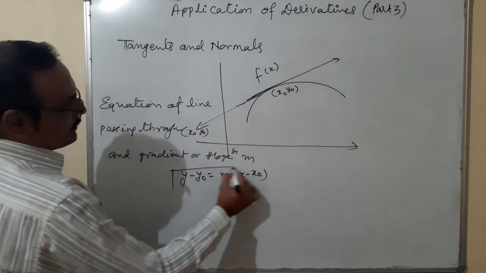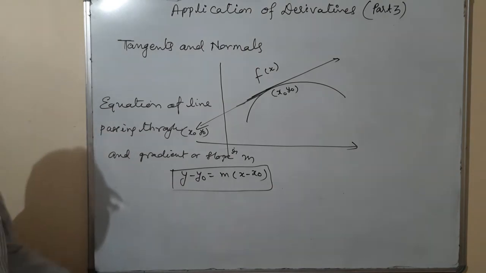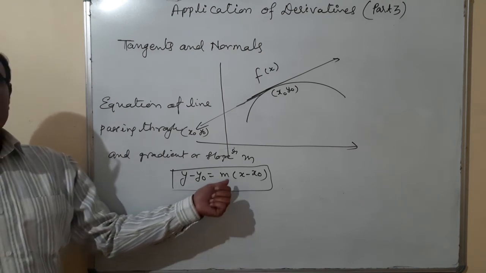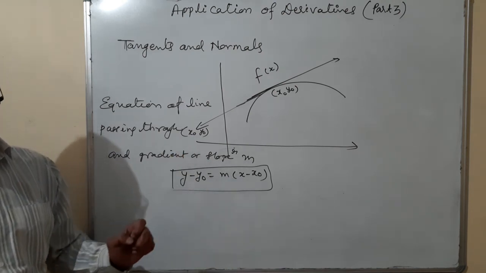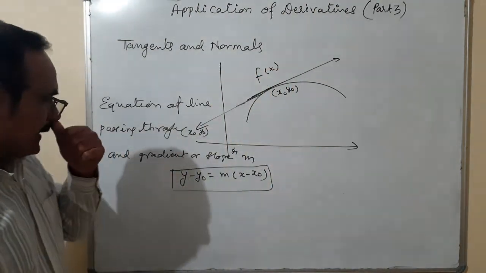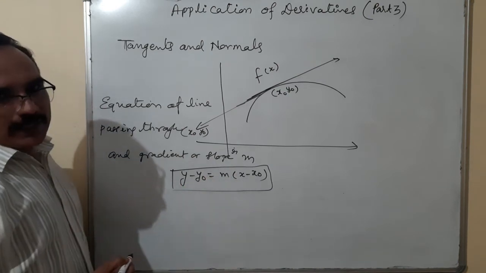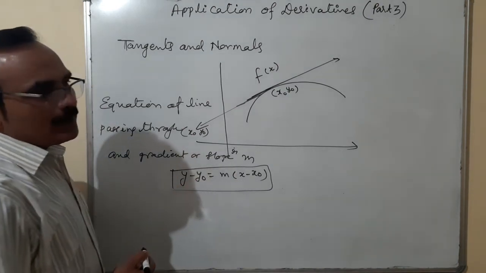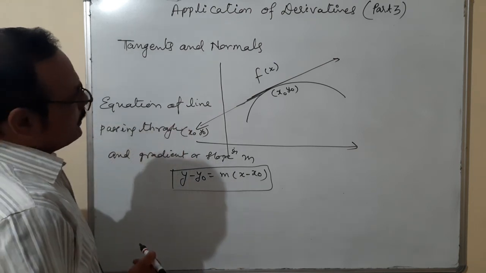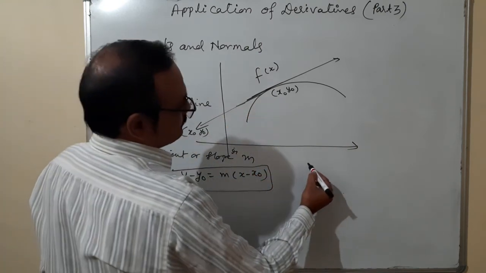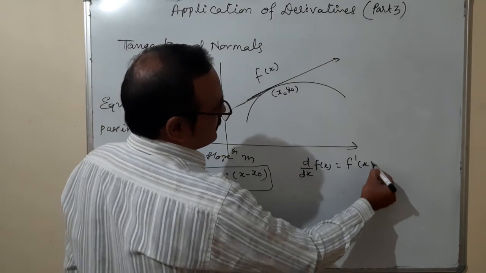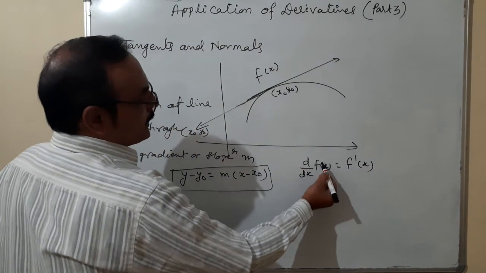This is the equation of a tangent where x0, y0 is a point on the tangent, and m is the gradient. The name is slope, gradient or tan theta. That means tan theta is equal to perpendicular upon base. So with the help of differentiation, because tan theta is coming here, when we are finding the tangent, if I differentiate this, dy by dx of f of x is f dash x.